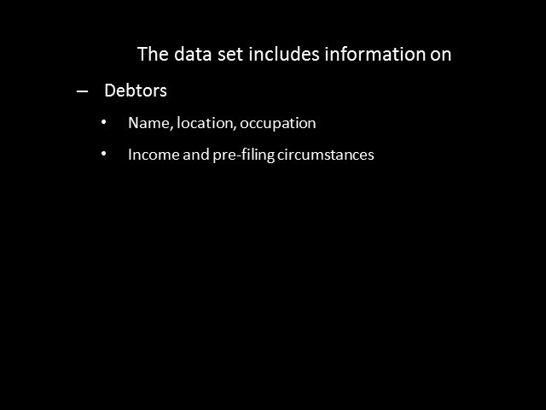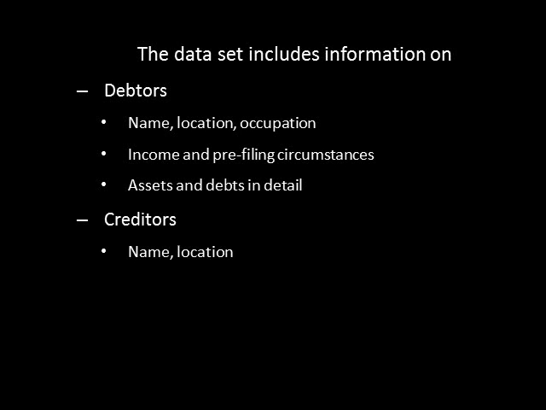So again, the data set includes information that's really detailed. About debtors, we know the name, where they were when they filed. We can find out their occupation. We'll know about their income and pre-filing circumstances. We'll find out a great deal about what they own, their assets, and what they owe, their debts, in quite a bit of detail.